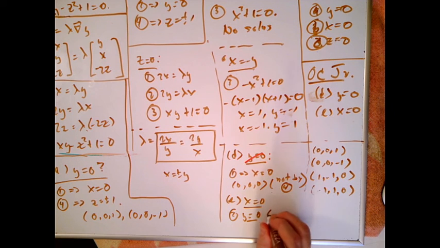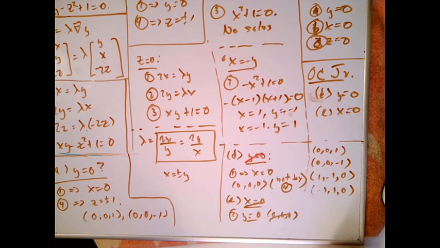But that means we're at the point 0, 0, 0, which is again not allowed. So we've already taken care of that. So what it means, assuming that x, y, and z all weren't 0, we didn't get any points at all.